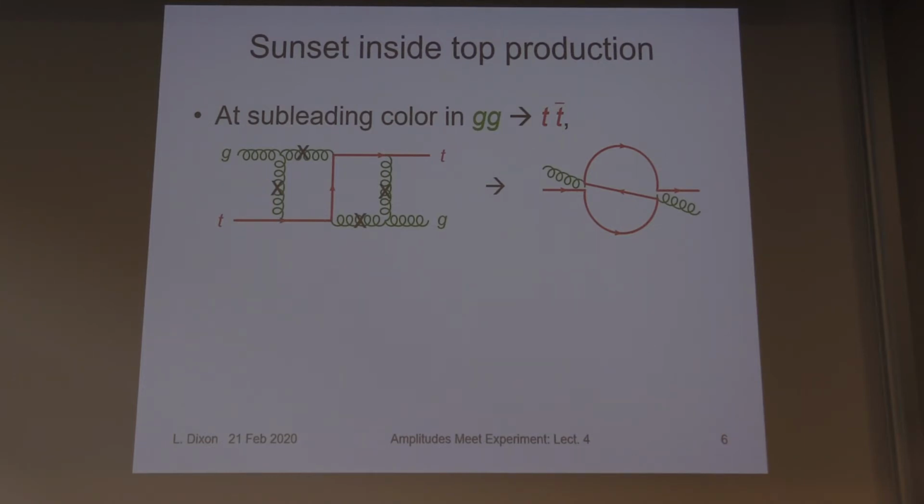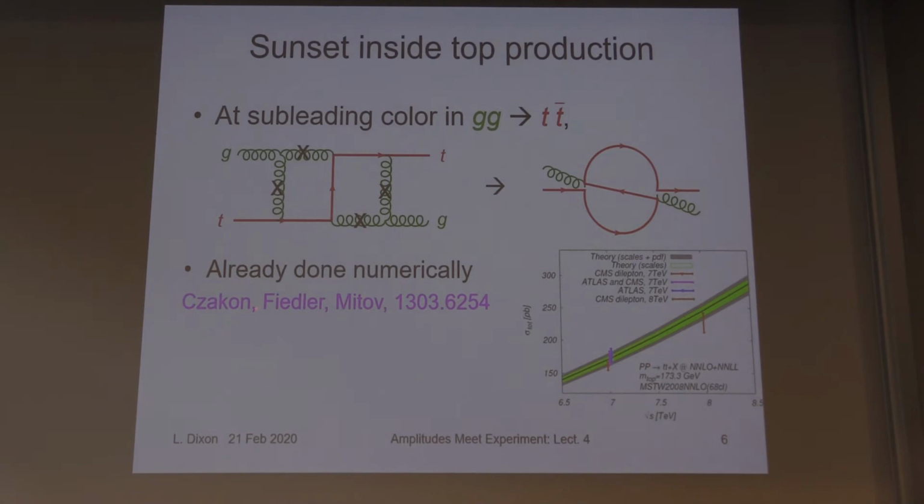Essentially, you need these elliptic polylogs from the sunset, and then you need to do more integrals on them somehow in order to produce this integral. Now, in fact, about 7 years ago, these integrals were done numerically. And it was possible to get away with this.